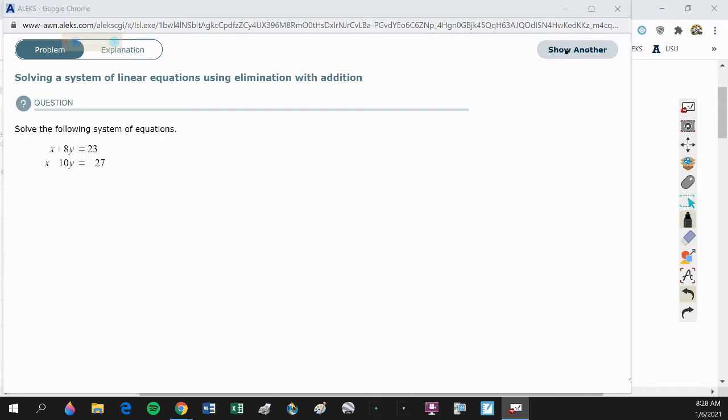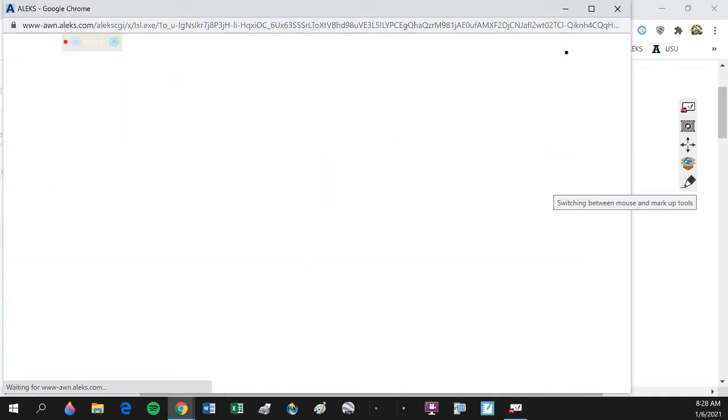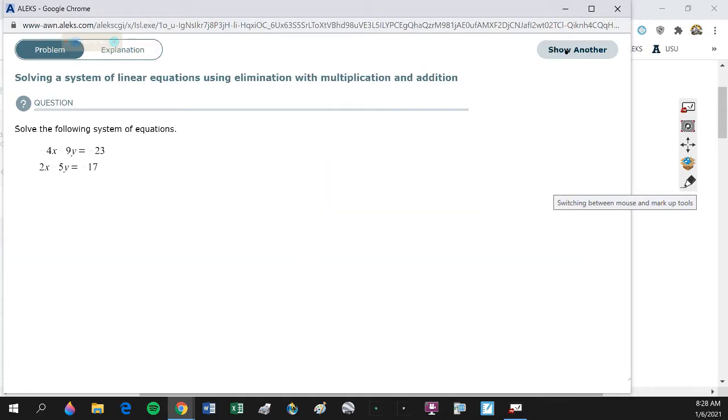All right, let's look at the next type. They're lined up, but it's not set up for elimination. What do I need to do to set it up for elimination? I could just double the bottom.